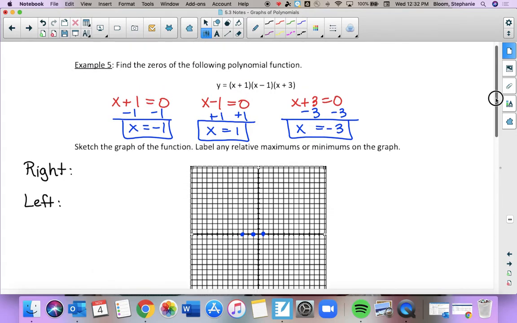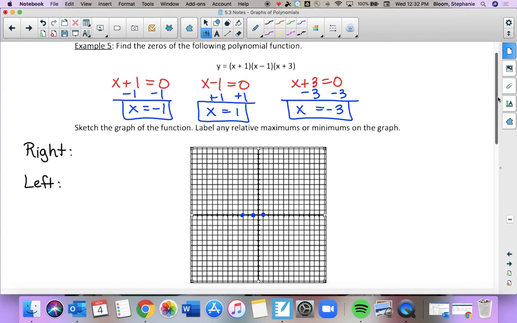Now, here's the issue. Our function was given to us in factored form. So since it's in factored form, I don't know right now the leading coefficient or the degree. Does anybody know a really easy way that you could find it?